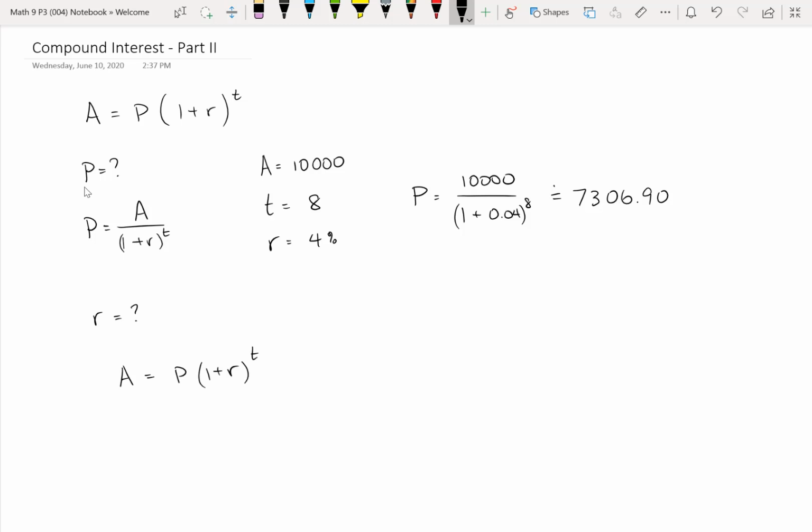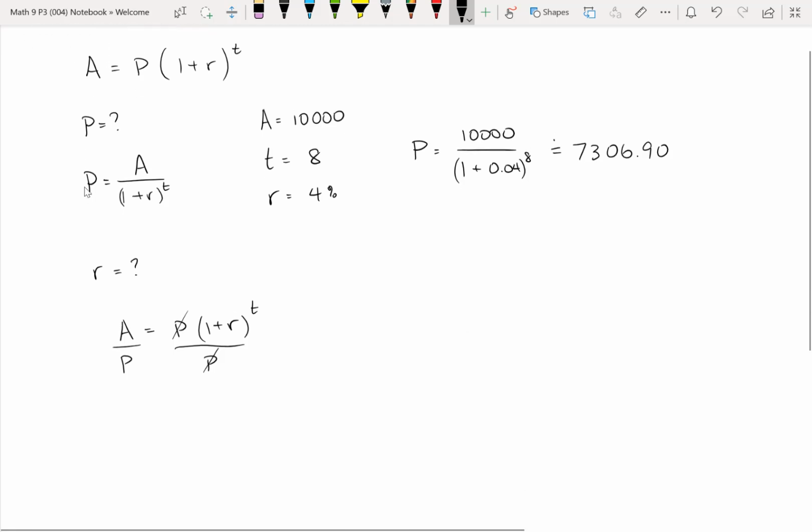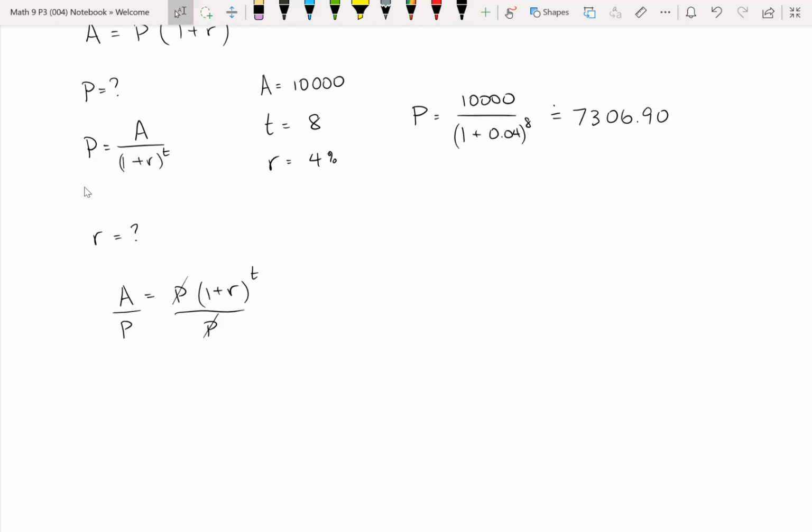If I divide both sides by P, that will allow me to get rid of the P from the right-hand side. And now I have A over P, the accumulated amount over the principal, is equal to 1 plus r to the power of t. Now, you've probably never seen this little step before, but if you know the rules of exponents, it should make sense.